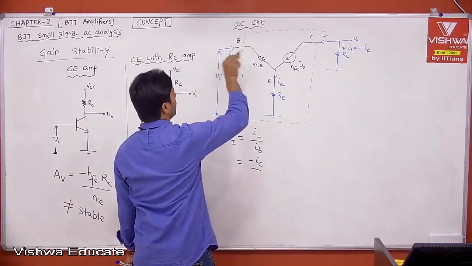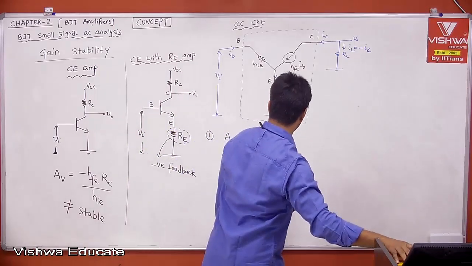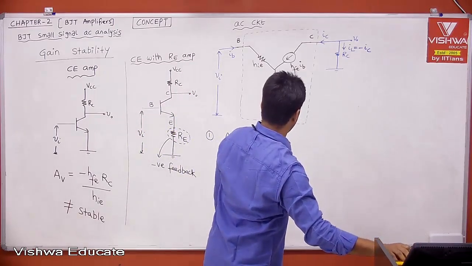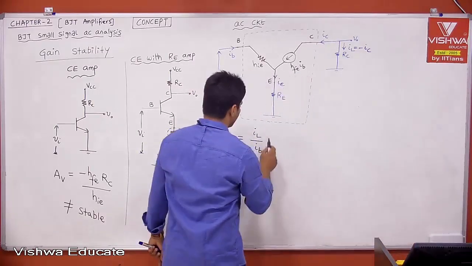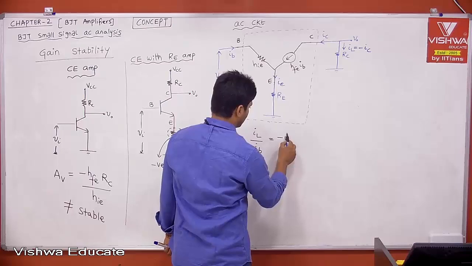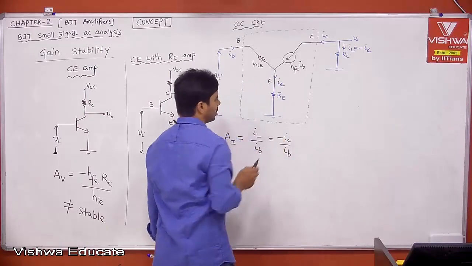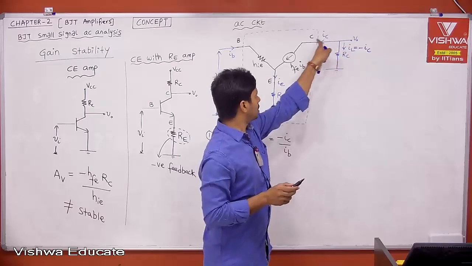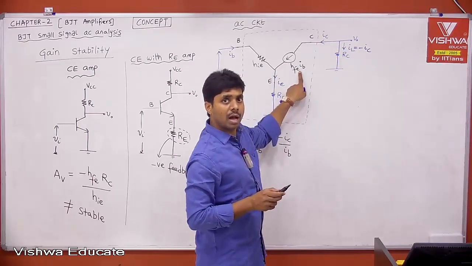What is IB? The current entering. Maybe I can represent that here only. I can draw the vertical line. This is minus IC divided by IB. What is IC? In series, current is constant, right? That is HFE into IB.